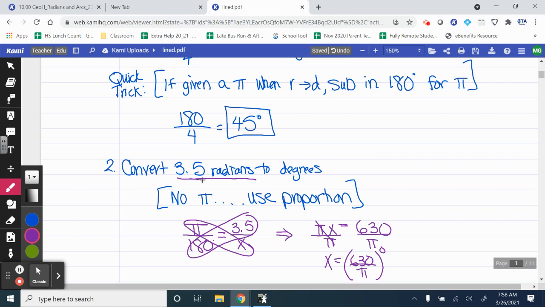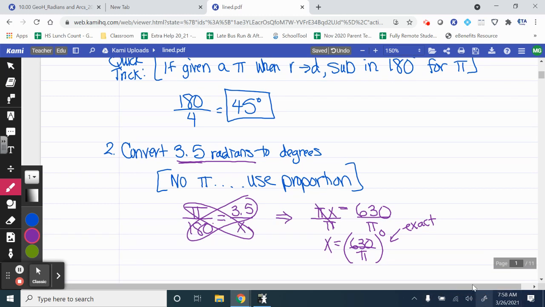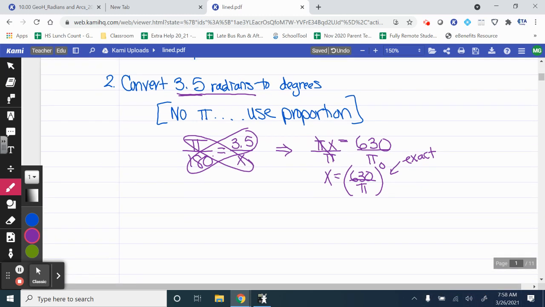So 3.5 radians is the same as 630 over pi degrees. That's an exact value. So if the problem doesn't say to round, or if it says leave your answer in terms of pi, that's how you should write your answer. If the problem says round to the nearest tenth or hundredth, you're going to want to put this in your calculator.